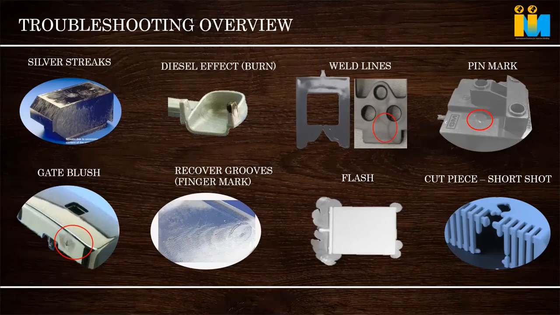For some issue, don't just reduce the temperature, because if you reduce the temperature, the melt viscosity will reduce. If instead of 300 degrees for polycarbonate you are operating at 250, the melt temperature will reduce, and excessive pressure is applied on the material to push it into the cavity. The same problem will come. So keep a proper melt temperature and mold temperature, and the gate size has to be generous as per shear rate. Then this can be solved.